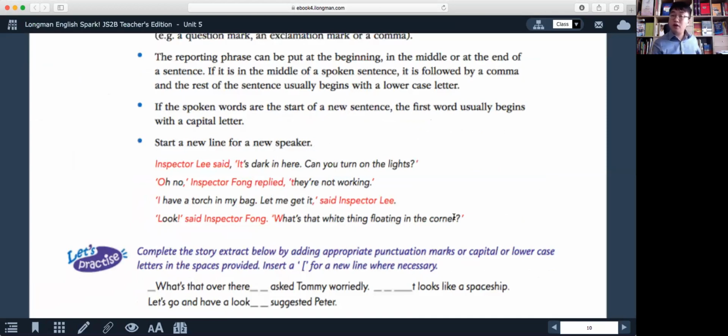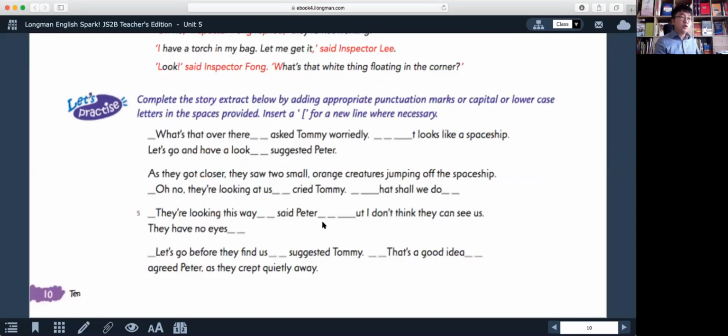Now, let me give you the homework for this online lesson. Don't panic. You still have homework for online lessons. Yes, but it's not very difficult. Now, for page 10, finish it because you have just learned how to add appropriate punctuation marks, right? So finish page 10.